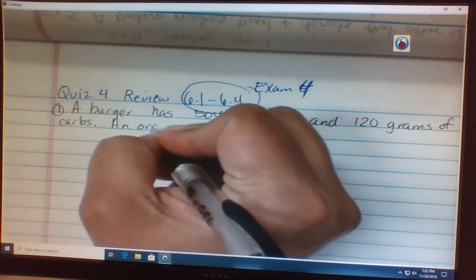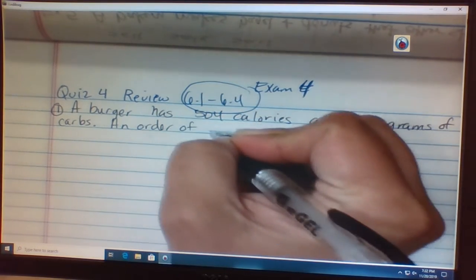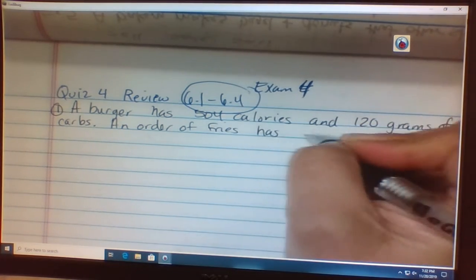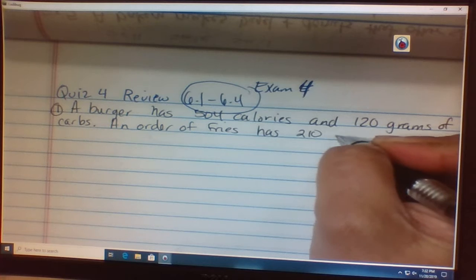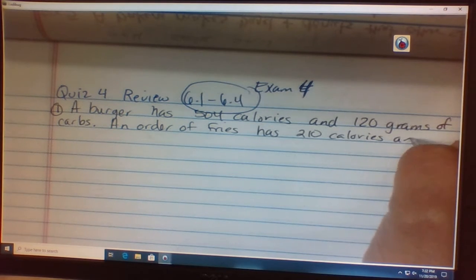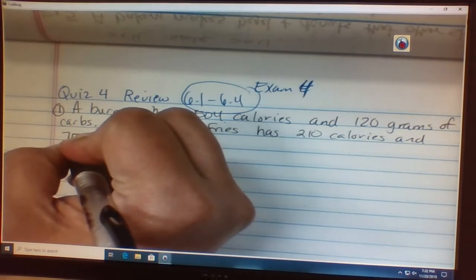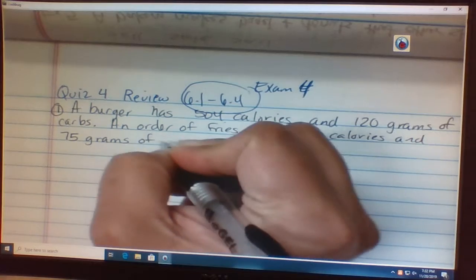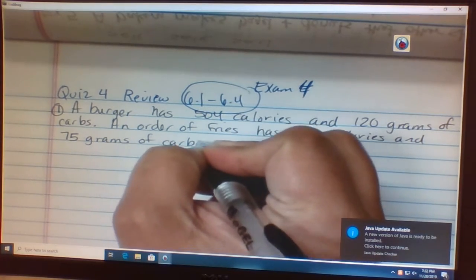An order of fries has 210 calories and 75 grams of carbs.